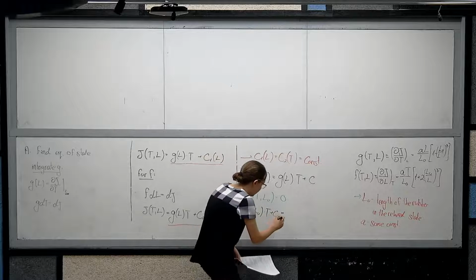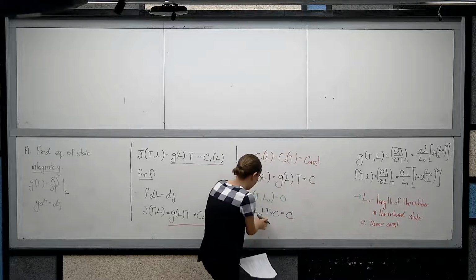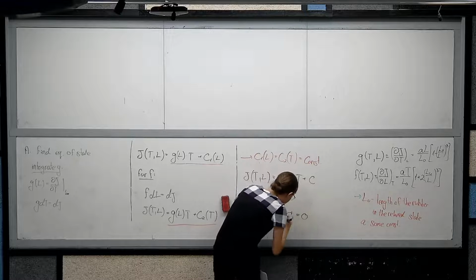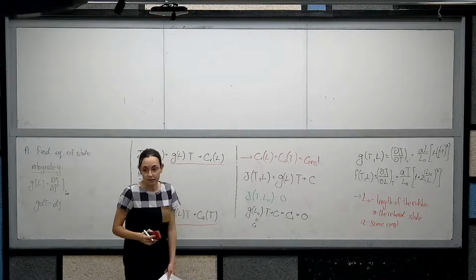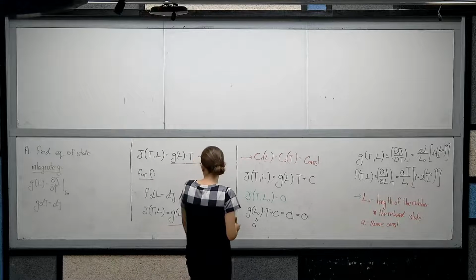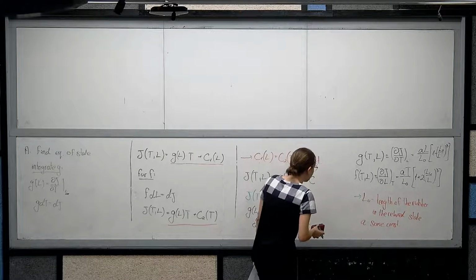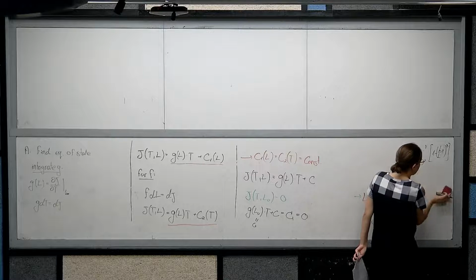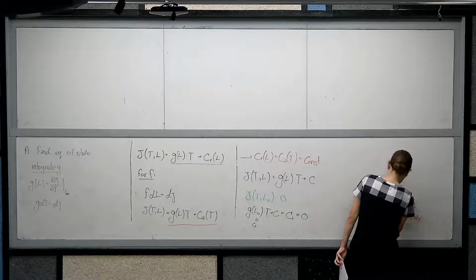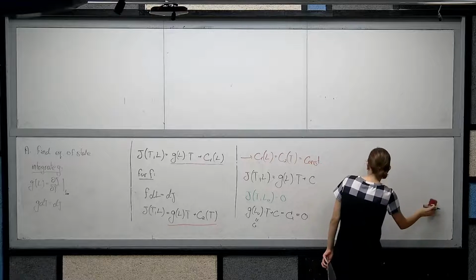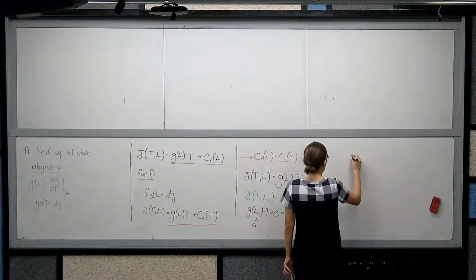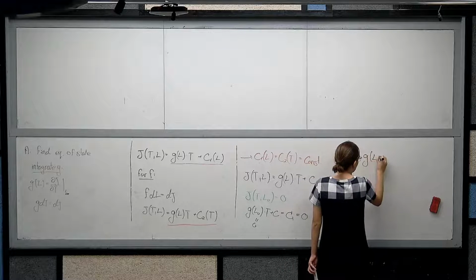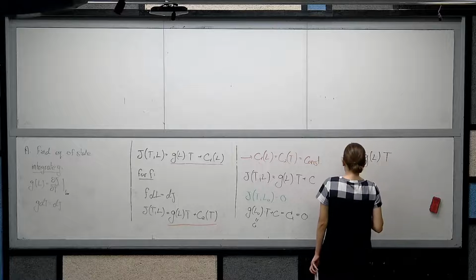G of L0 is 0, so this is just equal to C, and this should be 0, so our constant equals 0. So our final equation of state: J equals the function G(L) times T.